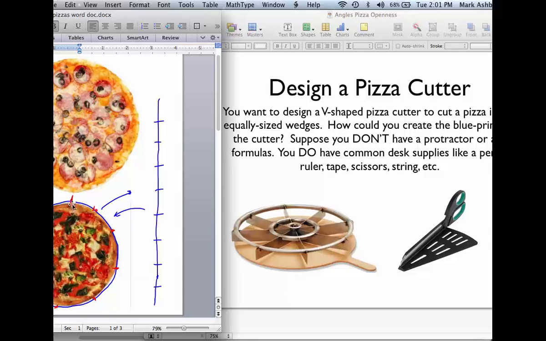It'll be here too. So 1, 2, 3, 4, 5, 6, 7, 8. Not too bad. Okay, so we take those marks on the circumference, and since they're equally spaced apart, they tell us how to design that blueprint, to get us the 9 equally sized spaces. So then we'll find the center and draw lines into the center.